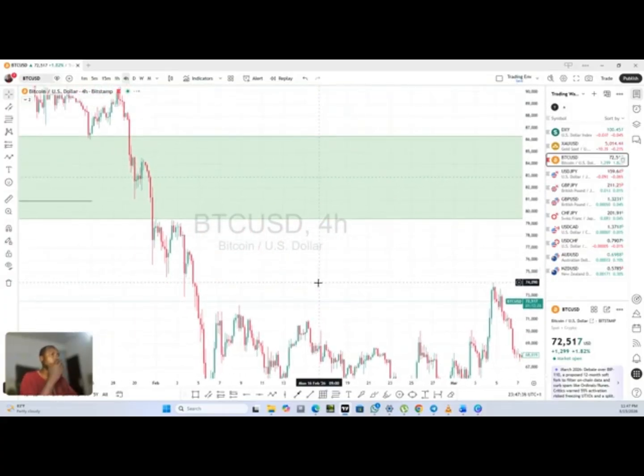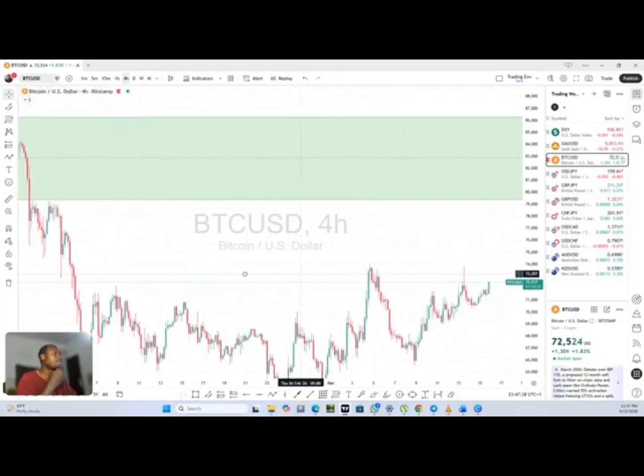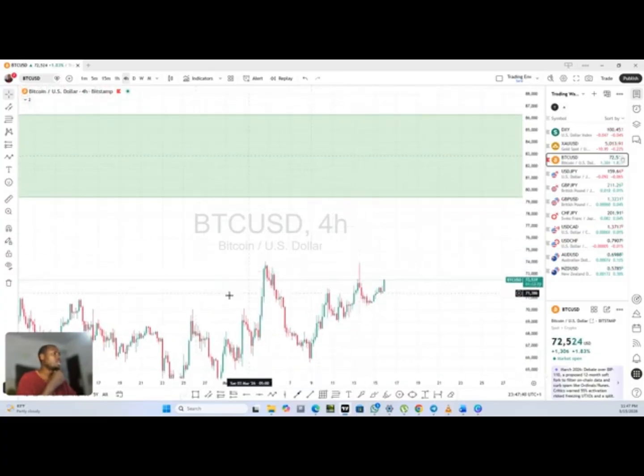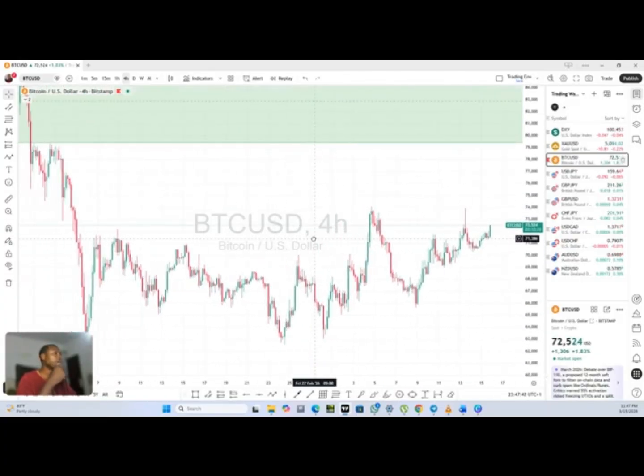If I drop to 4 hour, I know that market will go back to this FVG. So I'm going to do my market structure here. I'm going to buy. Even though market from a weekly time frame is bearish, on 4 hour it is bullish. So let's start marking our market structure.